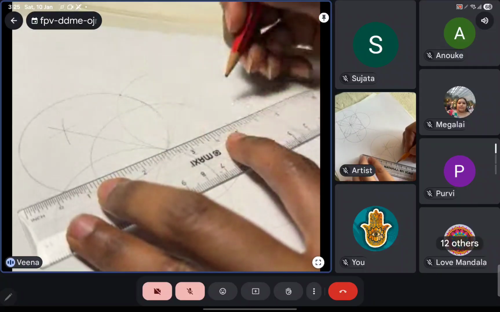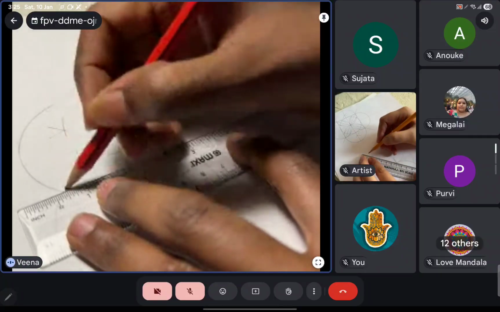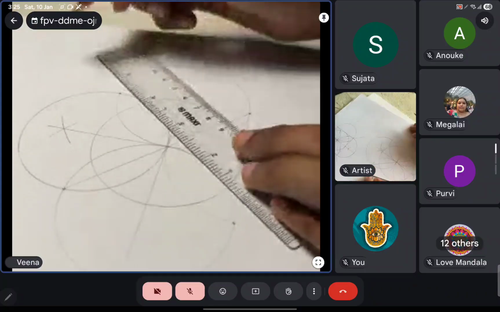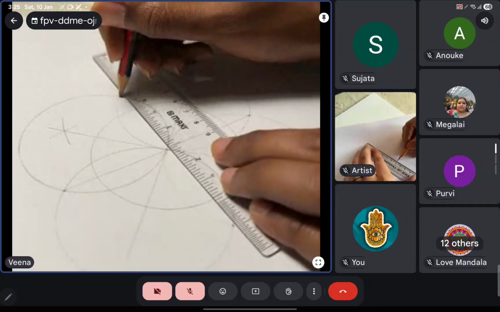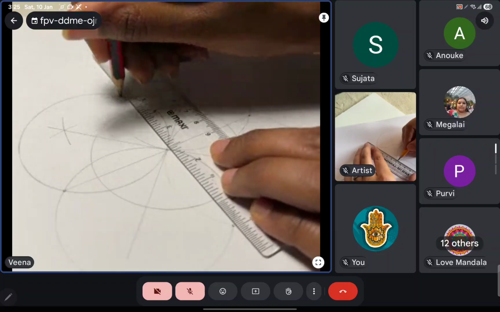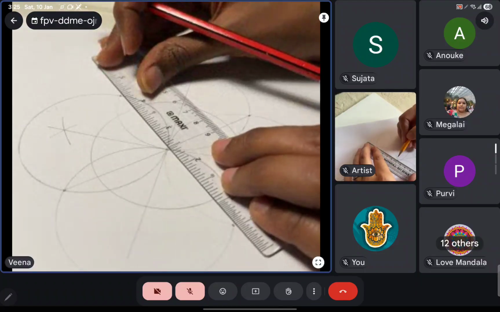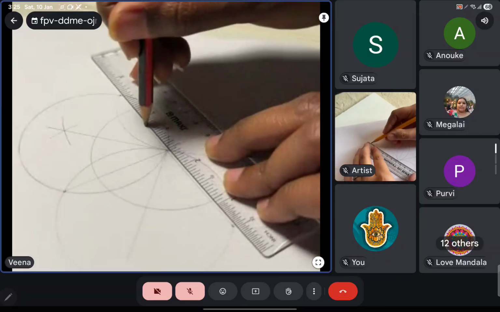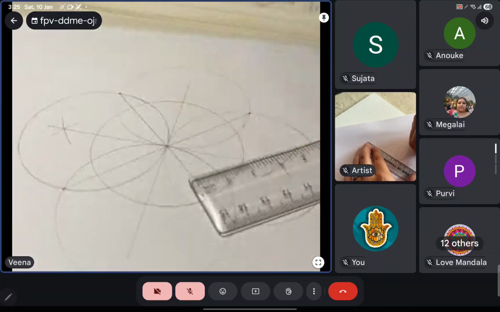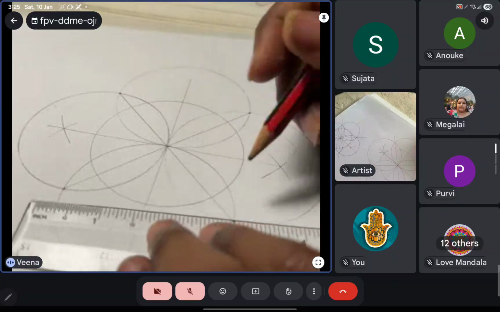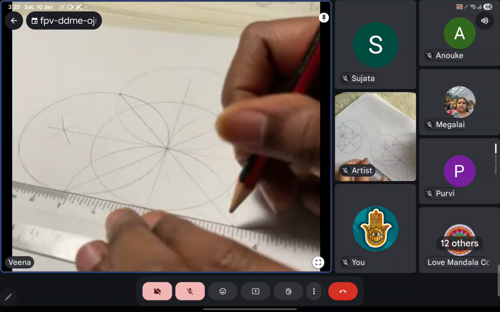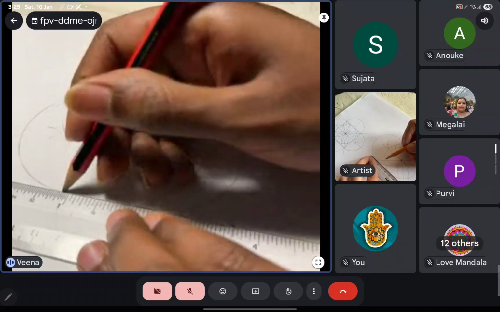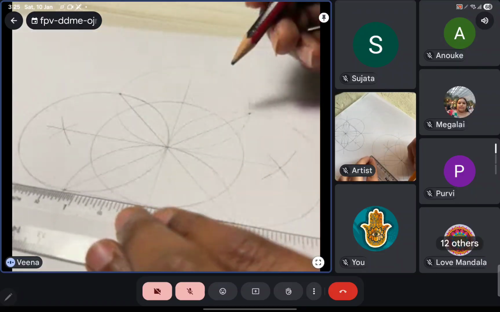Make sure that your center point is aligned. And do the same. So it's the same process that we have done before. We're just doing it on a bigger scale. That's it.